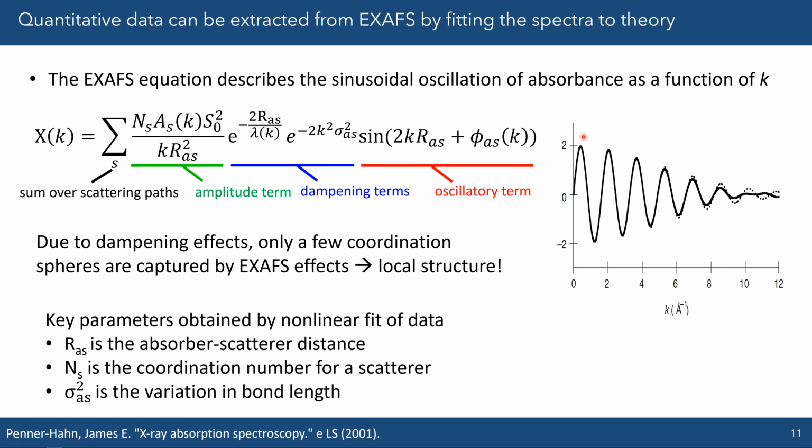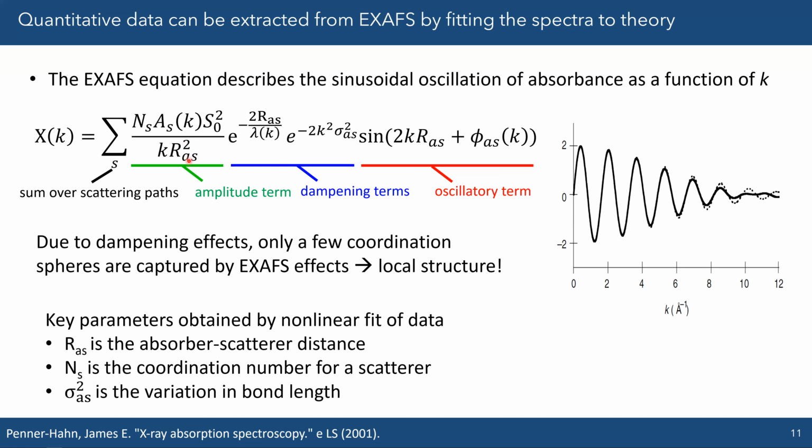So let's look at a simplified, idealized version of what an XAS wiggle would look like. It's basically an oscillating sine wave with an amplitude that decreases as k increases. So we of course have an amplitude term, which depends critically on your absorber-scatterer distance, R sub AS.